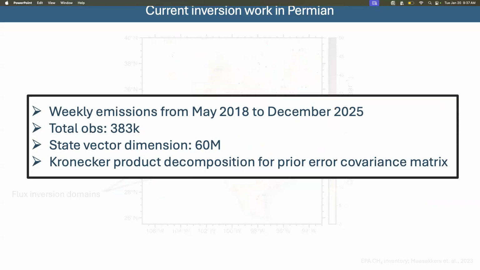If we look at the data for one single domain, solving weekly emissions from May 2018 to December 2025, we have about 383,000 observations in total. But the state vector is much larger, about 60 million for the whole spatial and temporal scale. Computing the prior error covariance matrix is just not possible for this one, so we have to use Kronecker product decomposition for our prior error covariance matrix.